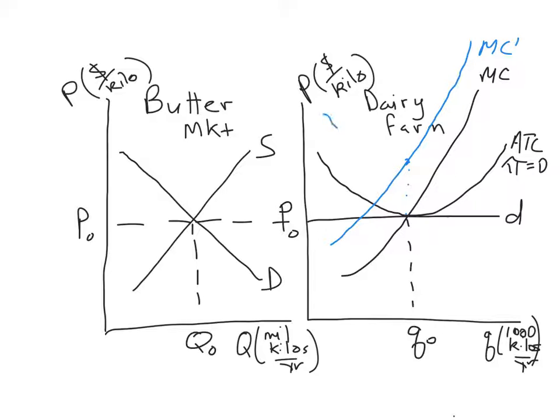It doesn't really matter what units are. I'm going to shift everything up vertically by the same amount. So the new average total cost curve, the new isoprofit line where profits are zero, shifts up, and so does the marginal cost. So everything shifts up by $1.